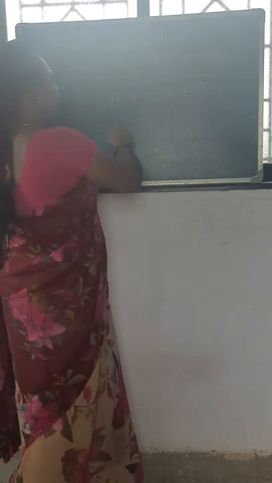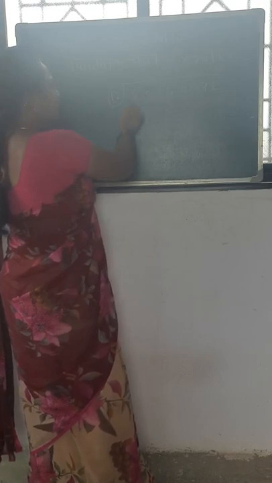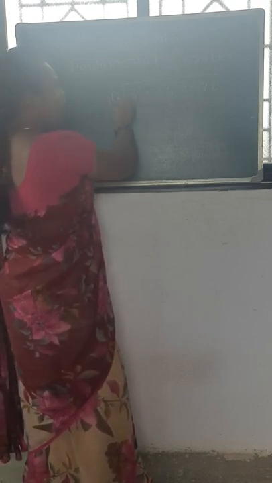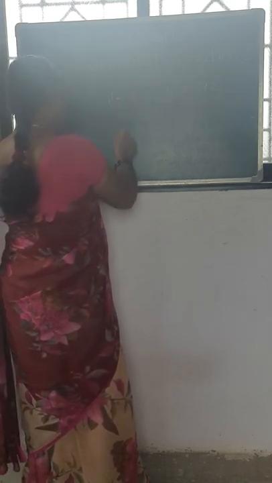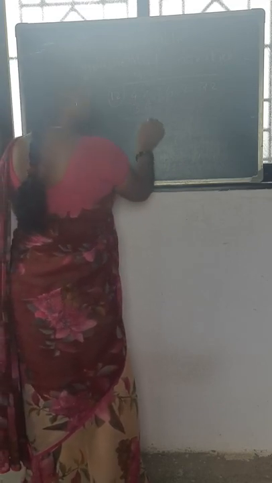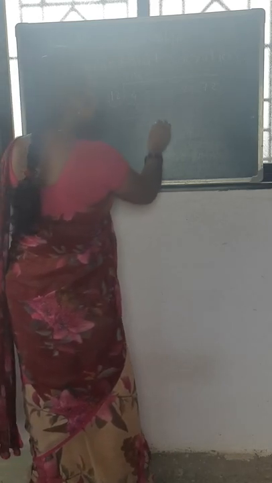Firstly we take the first two digits, that is a 2-digit number. The first 2 digits are 40, then 12 3s are 36. Then subtraction is 4. Then we bring down the next digit, that is 4.